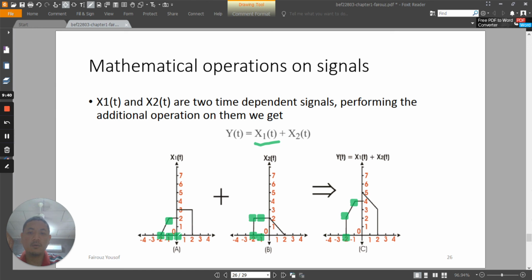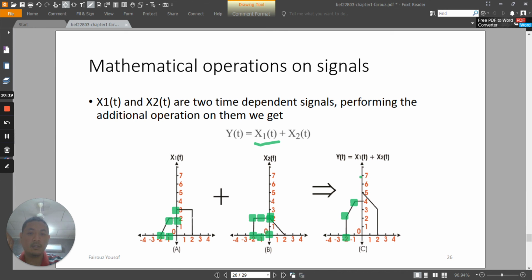At 0 we have 2 and 3, and here at 0 we have 2. Now this is quite confusing. Does it mean we have 3 plus 2 plus 2, which means 7?